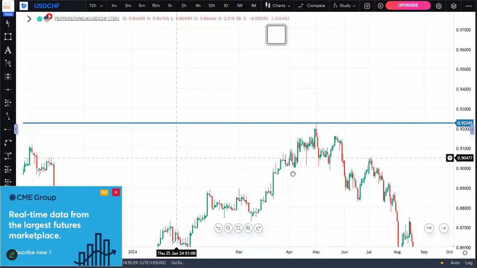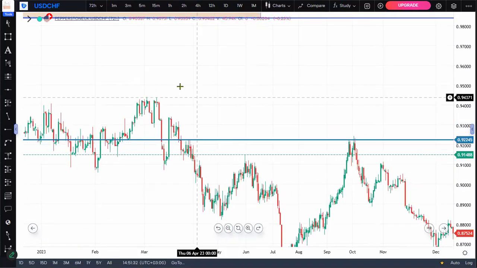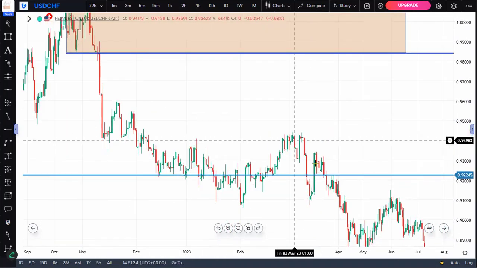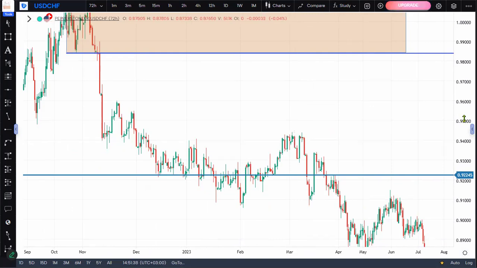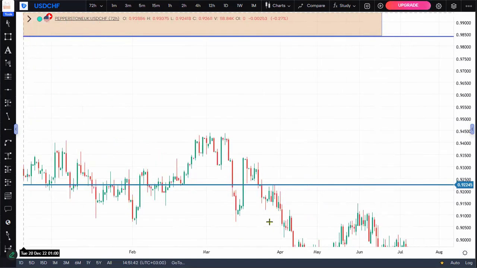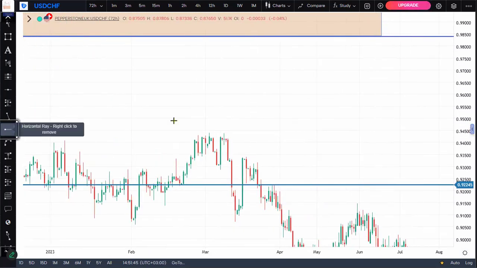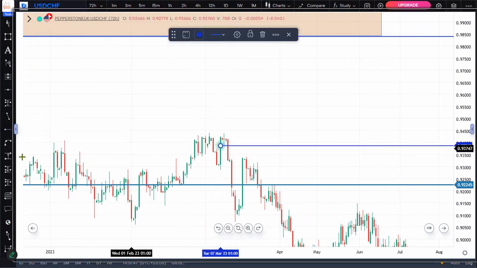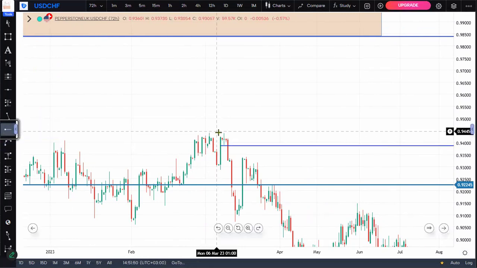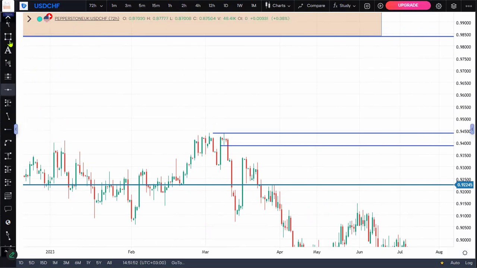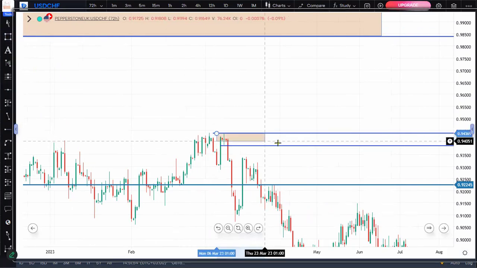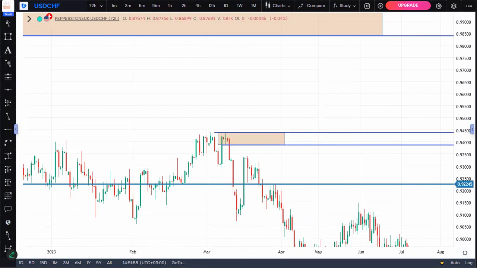So let's see. Around here, I don't see anything useful, except if I follow, I can see something here. At some point, I'll expect this market to react from probably this zone, because as you can see, this is another zone that has pushed the price away.